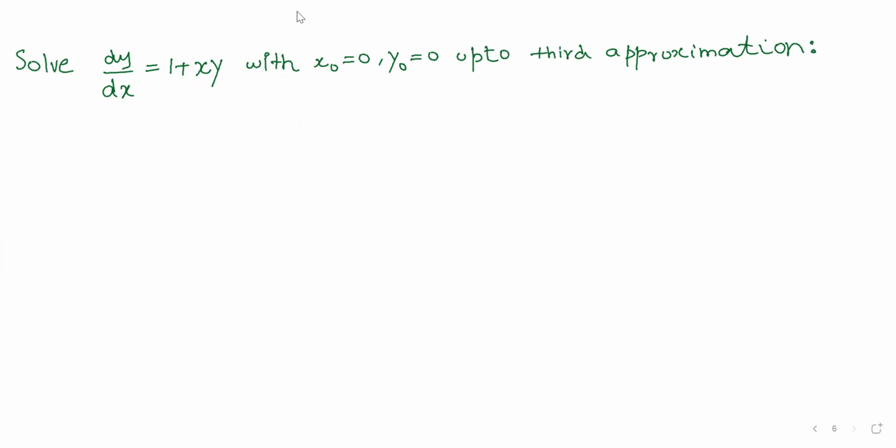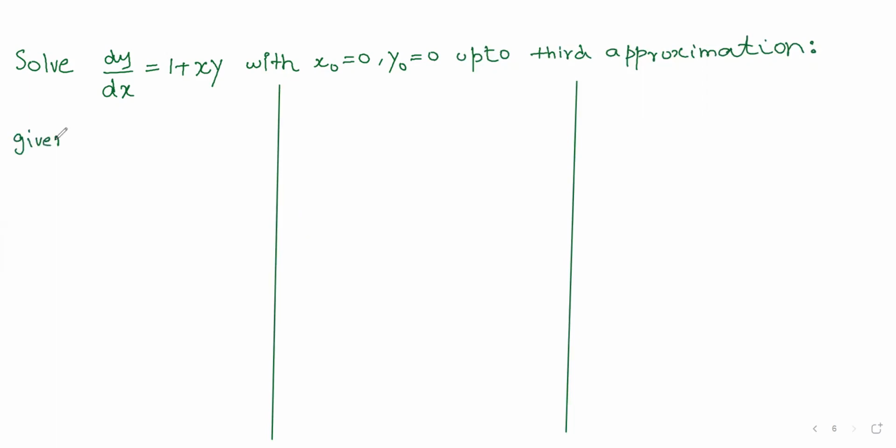Okay, so let's try to solve this one using the Picard method. As it is already given, dy by dx is equal to 1 plus xy, which is equal to f of x, y, right?